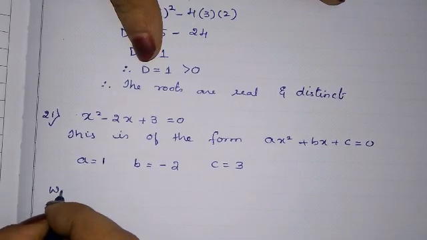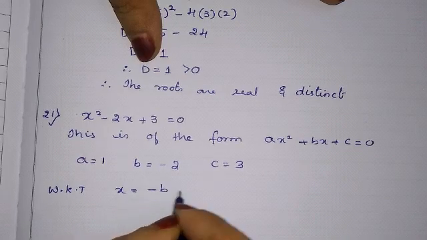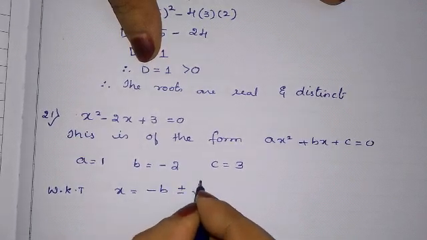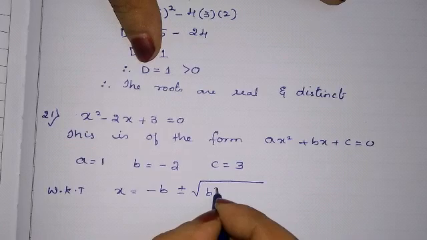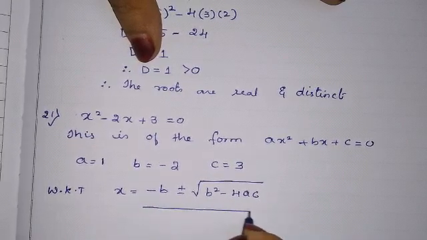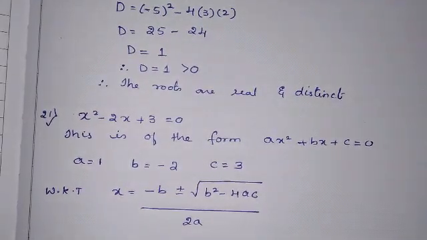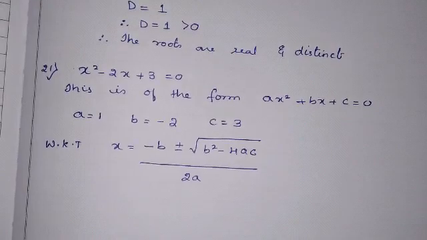We know that the quadratic formula is x is equals to minus b plus or minus root of b square minus 4ac upon 2a. To solve these problems, we need to be perfect in the formula first.